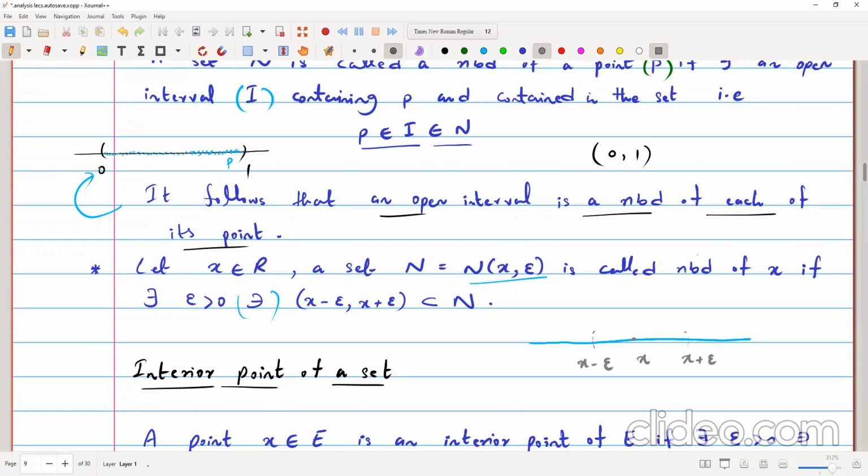If we make an interval like this, this interval should be contained in the set.